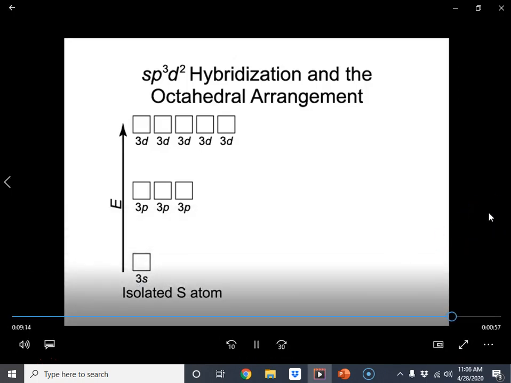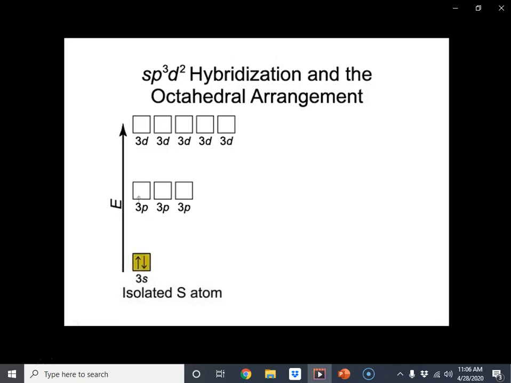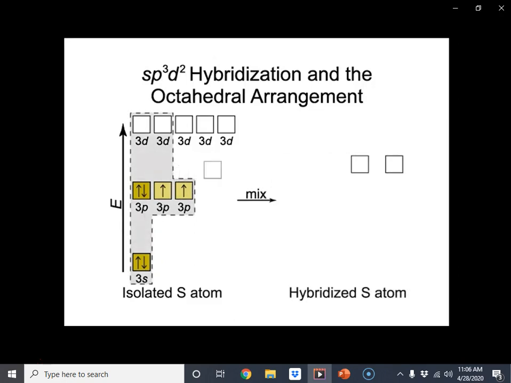Here is our sulfur atom. Sulfur has 6 valence electrons, 3s2, 3p4. So we're going to borrow from our d's, even though there aren't any electrons there. We're going to mix 1 s, 3 p's, 2 d's, and we're going to mix those 6 atomic orbitals to get 6 hybrid orbitals, all of equivalent energy.